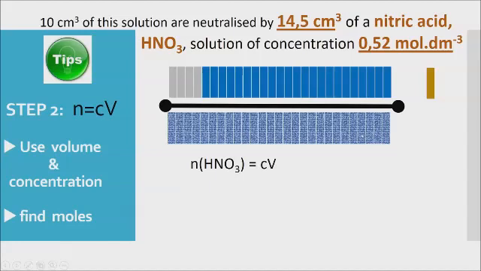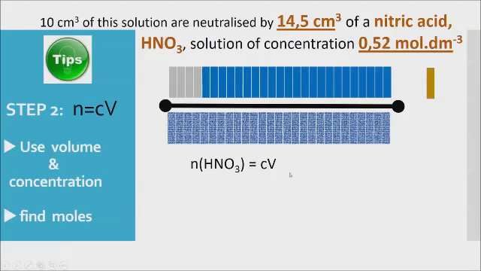And I put in the values. What is C? 0.52. What is V? 14.5 cubic centimeter. But for my very first idea, I must first convert to decimeter cube, because I can see my concentration is in decimeter cube.